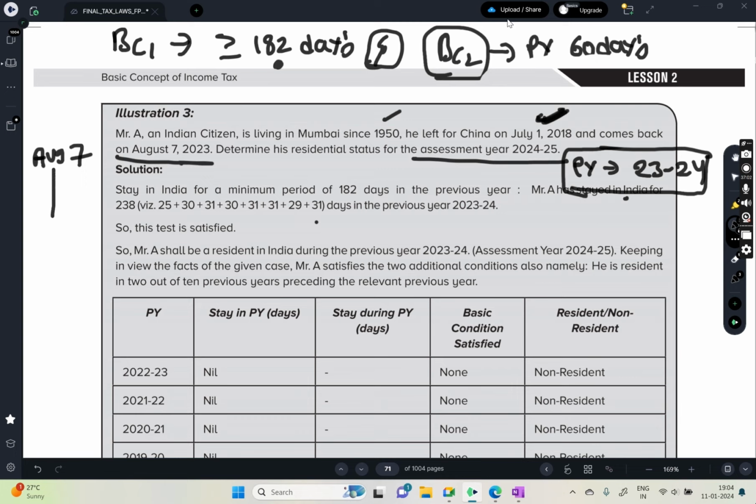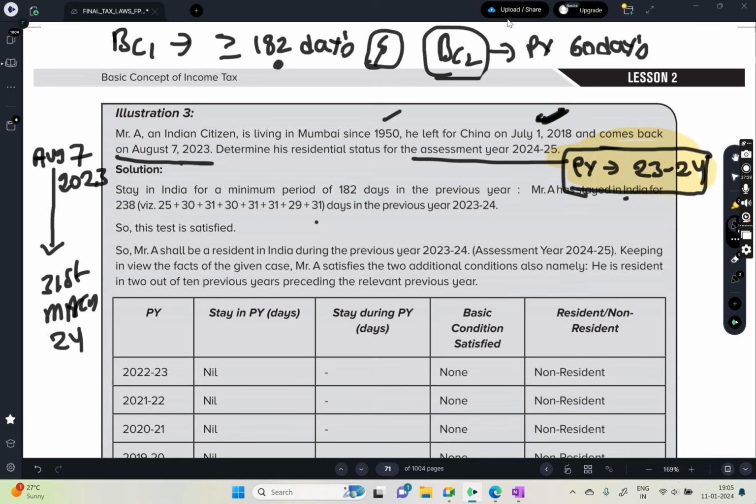From August 7 to the end of the year, 31st March 2024. So August 7, 2023 to 31st March 2024 we need to check.